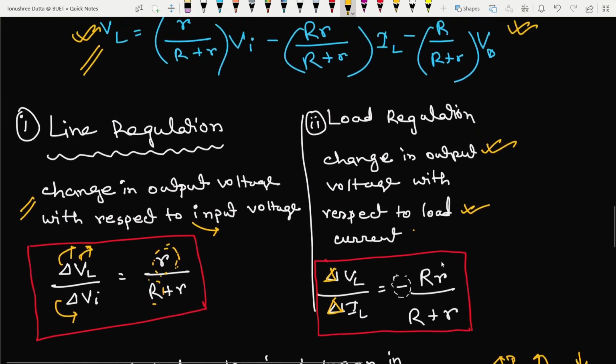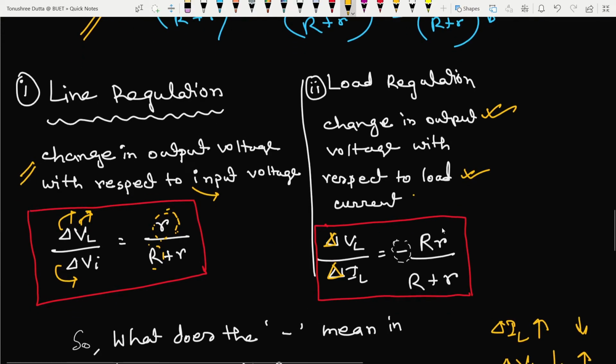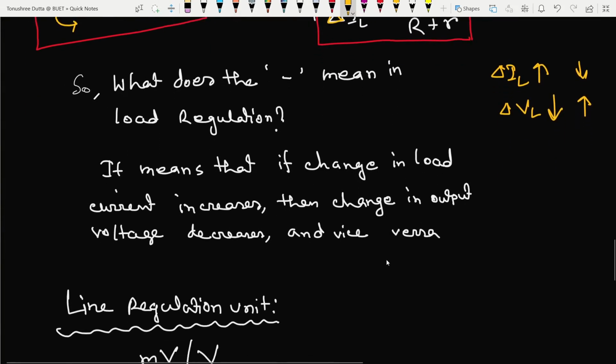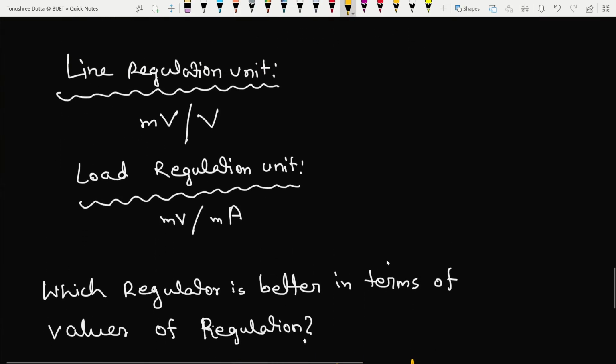So these are overall the expressions of line regulation and load regulation that we are going to use in our maths and other concepts. And now some pretty simple terms that are going to come in handy: the units of this regulation.